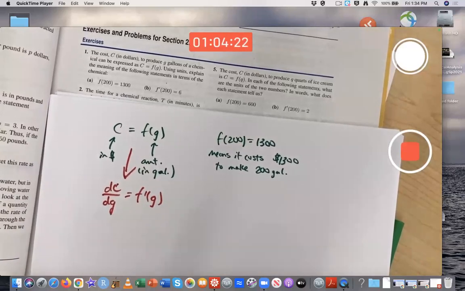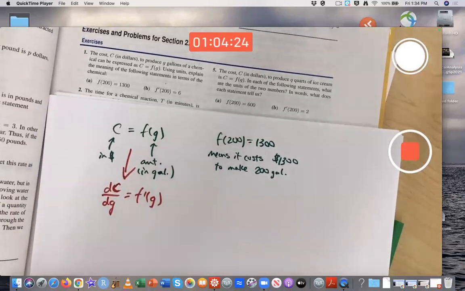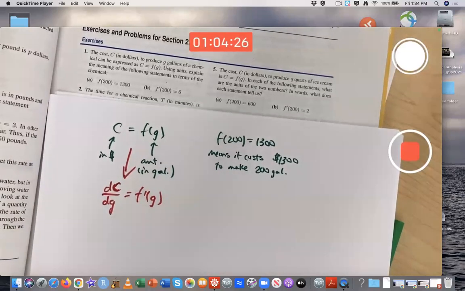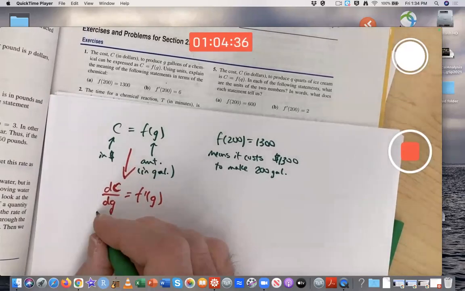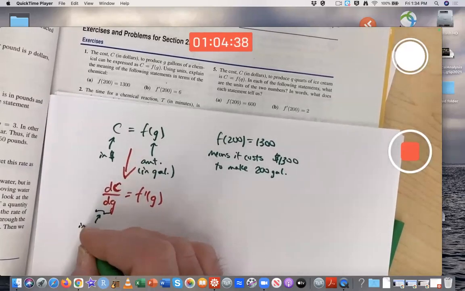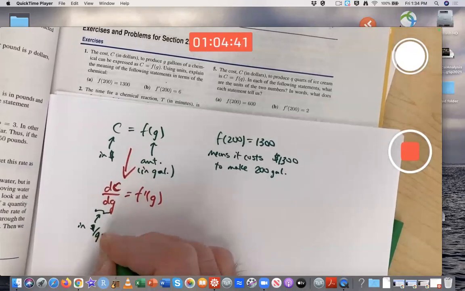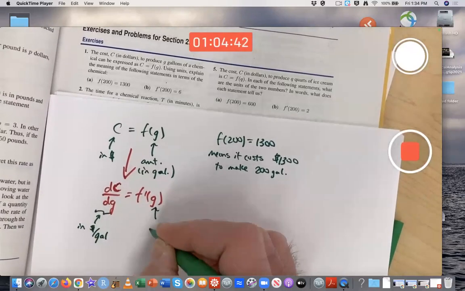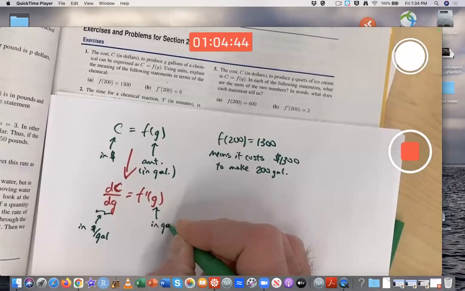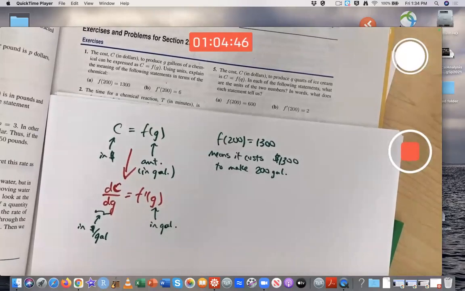And that's worth writing down because it emphasizes what the units for the derivative dC dG are. Units of C per unit of g. Dollars per gallon. G itself is still in gallons, G itself is still the amount.